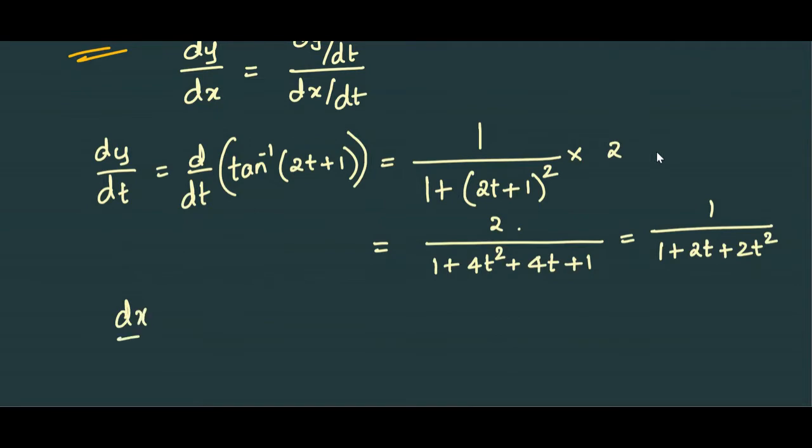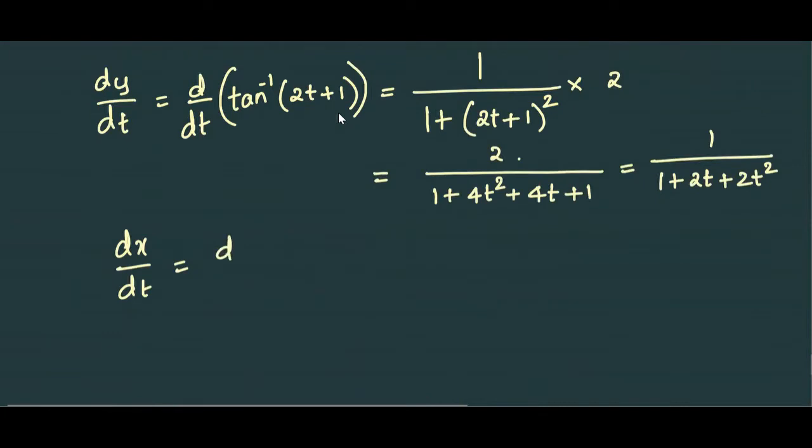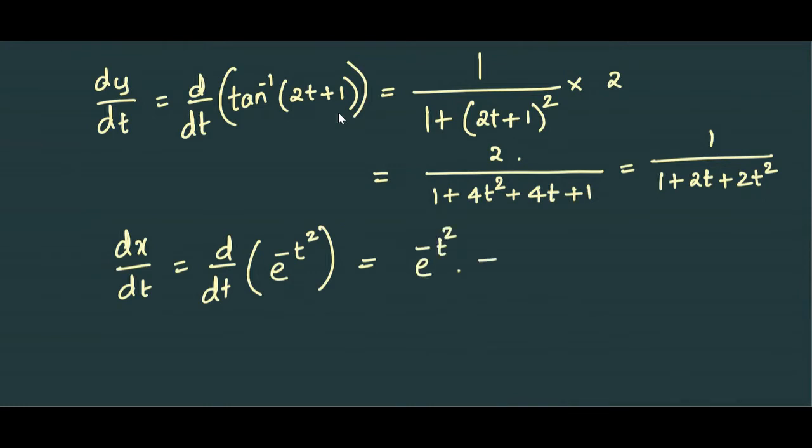Now what is dx upon dt? d by dt of e power minus t square. So the derivative of this is e power minus t square into minus derivative of t square, that is 2t.